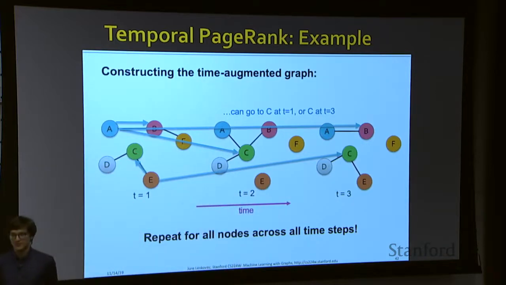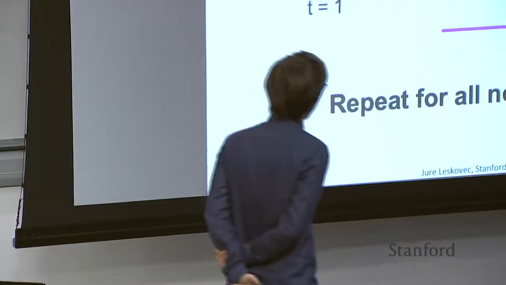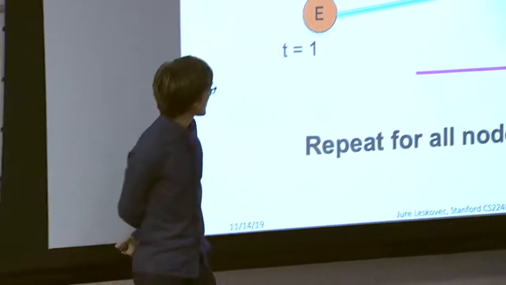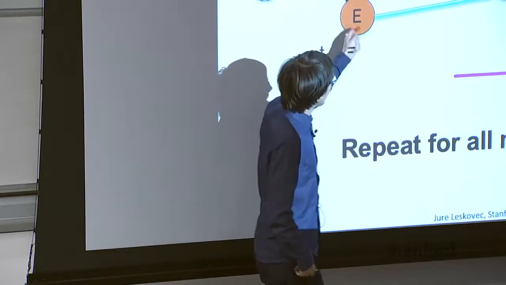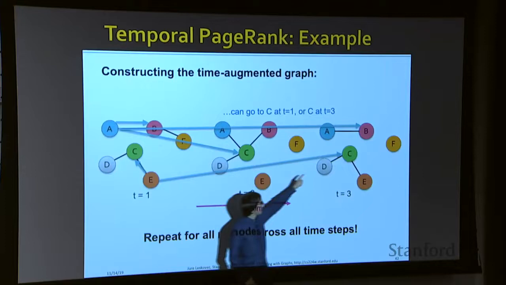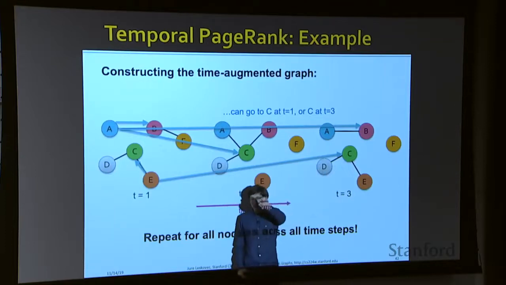Yes? Are we assuming that the edges are directed or undirected? The way I'm doing it here, the cross-time edges are directed.